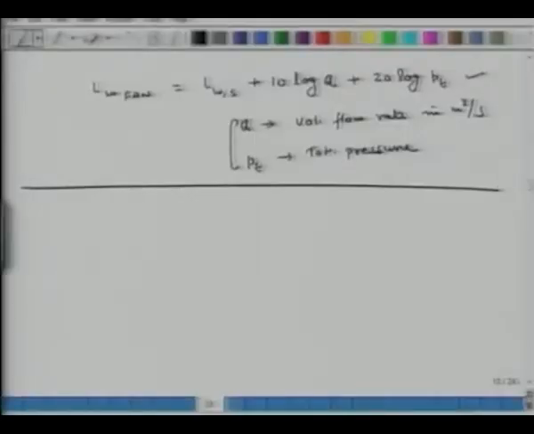So we will do a very quick simple example to make things look more simple. Let's say a fan has 24 blades.